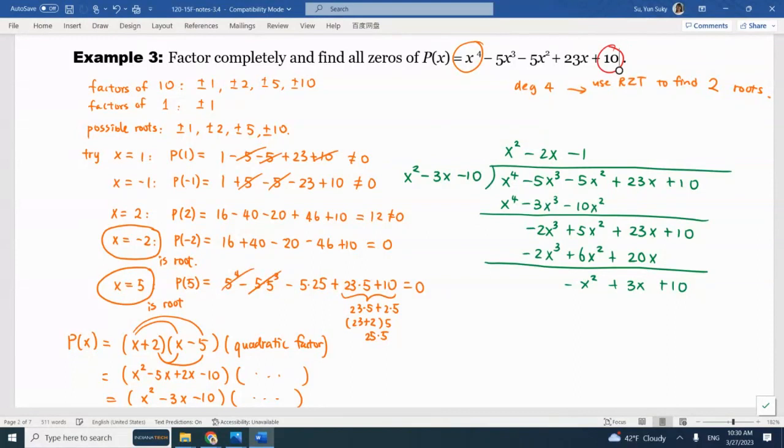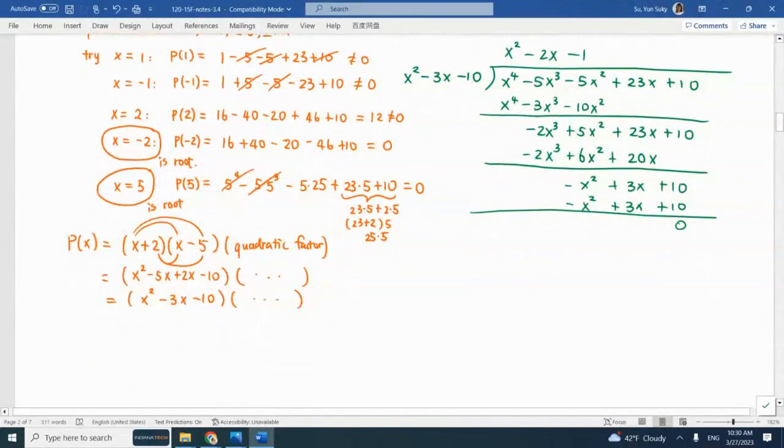Yes. And when you multiply negative 1, what do you get? Negative x squared. And when you do positive 3x, you do a positive. Do you see what's the remainder? 0. That's always the case, because p of x has this factor, the remainder should be 0. Good. So we have what? This remaining quadratic factor is x squared minus 2x minus 1.